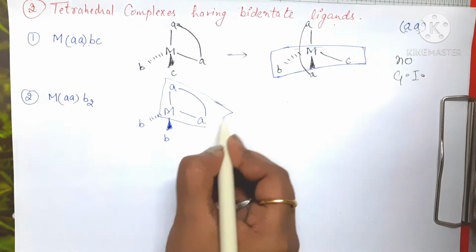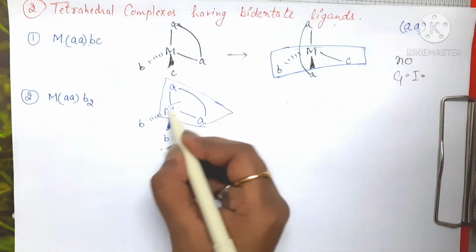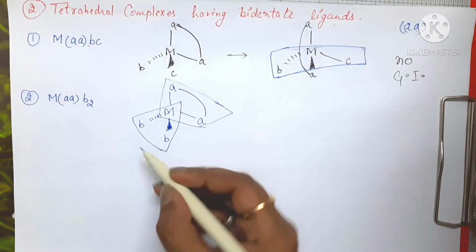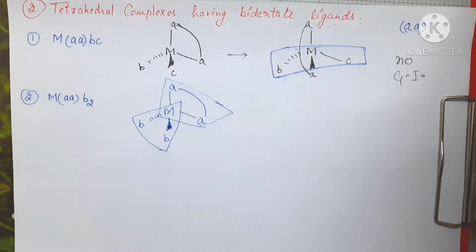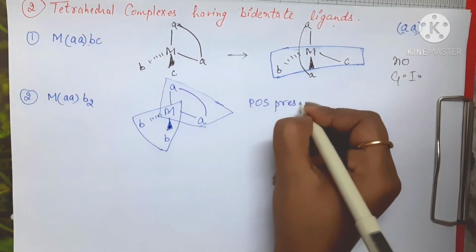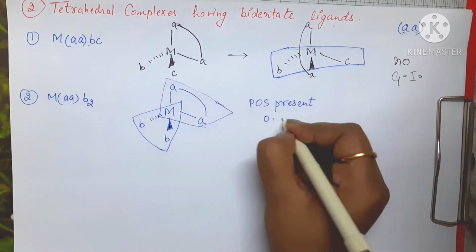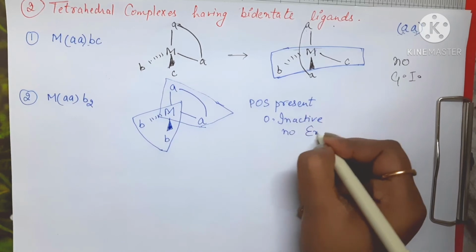I hope this is clear now, and these two will be reflecting each other, or you can have a plane like this also, where these two sides will be reflecting each other. Okay, so here also POS is present, right? So the compound is optically inactive, having no enantiomeric pair.